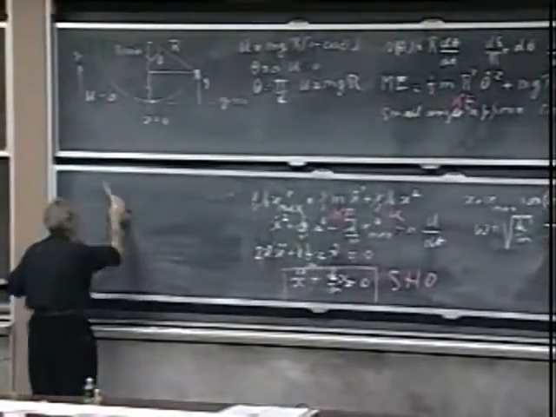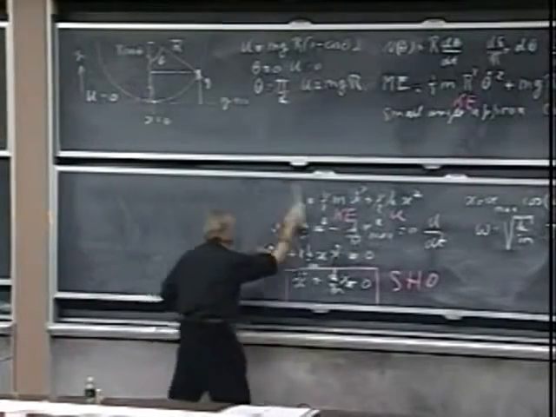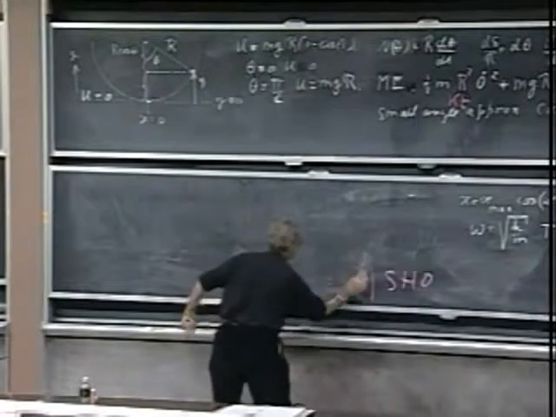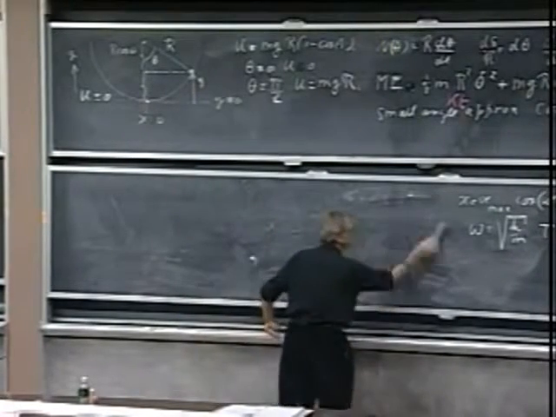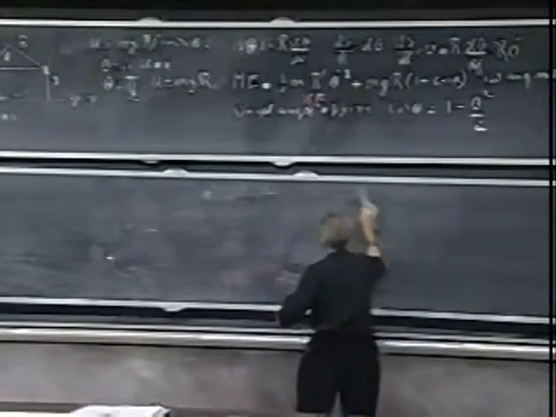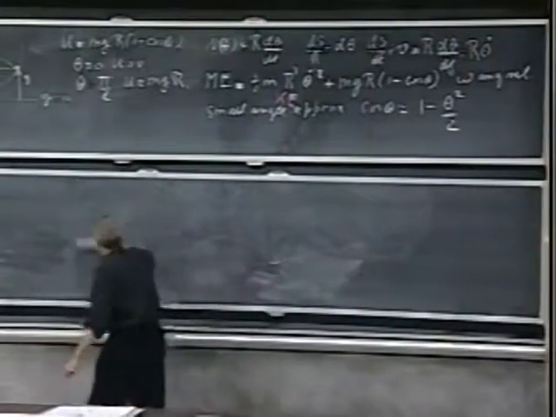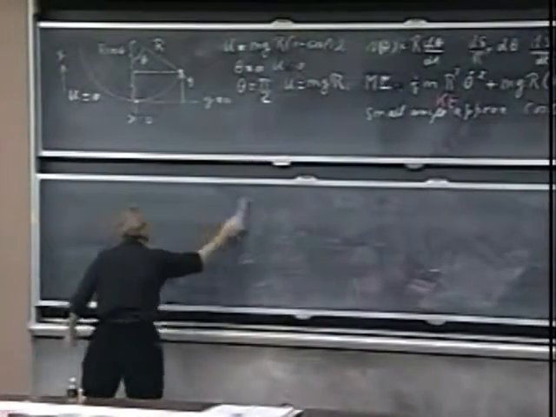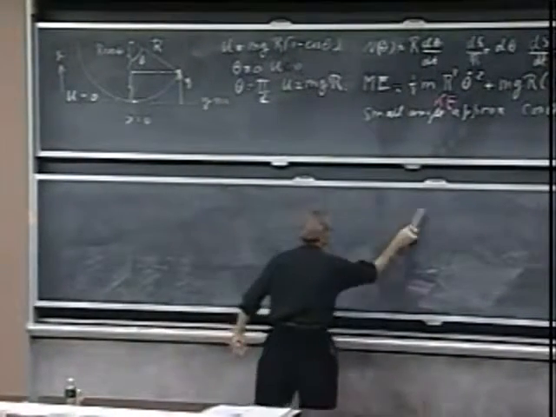You can see it best. And I will massage that equation a little further. And of course, you can already guess what I'm going to do: I'm going to take the time derivative, just as I did in the case of the spring.